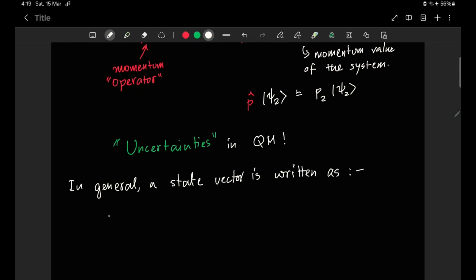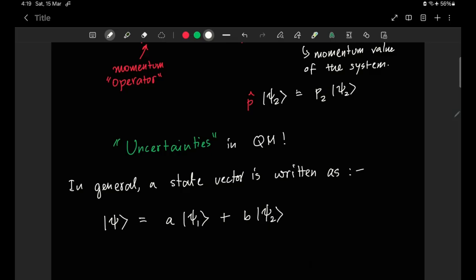So in general, a general state vector, just psi without ones or twos, that represents the total state of the system, is written as some constant a times psi 1 plus some constant b times psi 2.